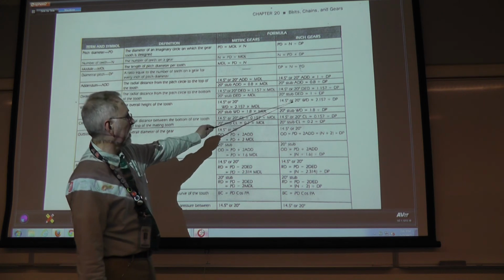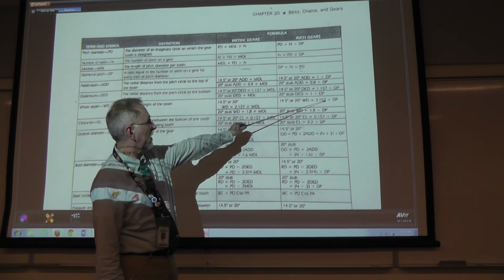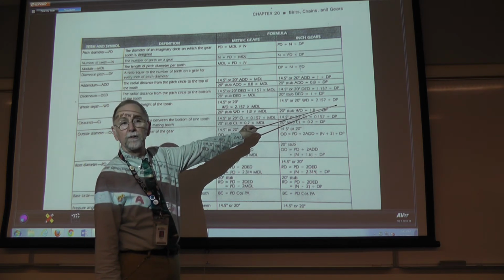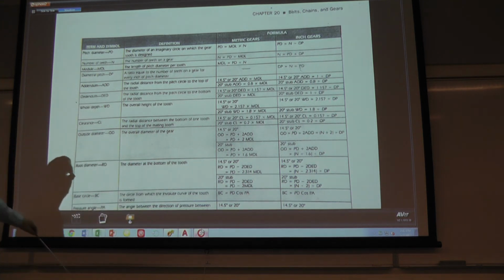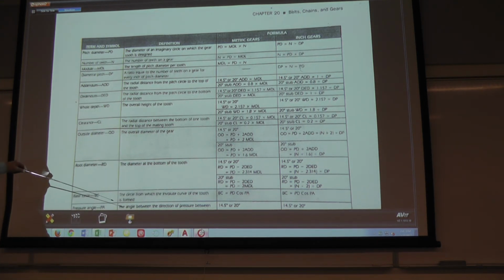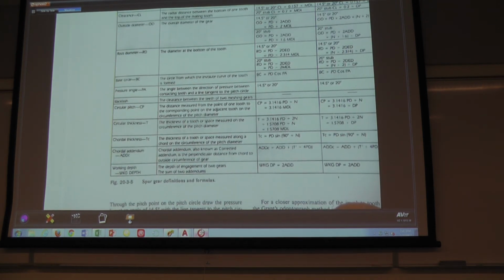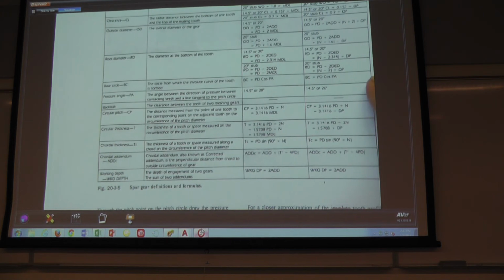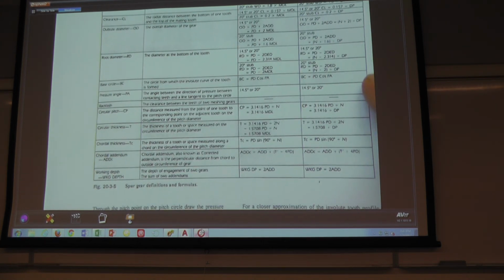Okay, the whole depth. For 14.5 or 20, the whole depth is equal to 2.157 divided by the diametral pitch. So they're pretty standard, pretty easy to do. Don't really need the outside diameter, don't need clearance right now, don't need base circle. There's just a couple of things, but what you're going to do is calculate and verify the circular pitch, the chordal addendum, I think, and the working depth.